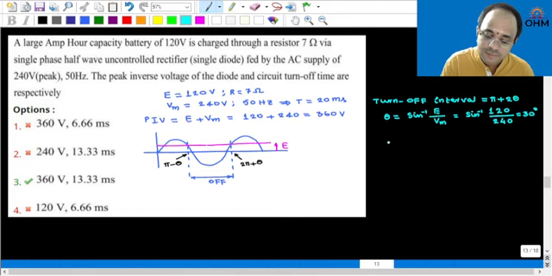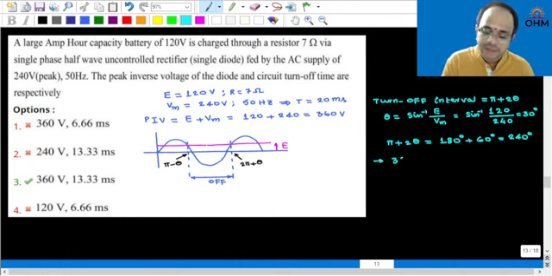Therefore, pi plus 2 theta will be 180 plus 2 into 30, 60 degree. This will be 240 degree. So 360 degree interval is equivalent of 20 millisecond.